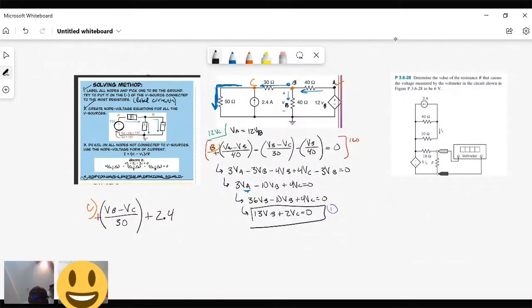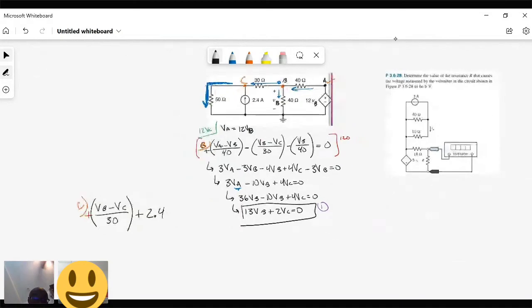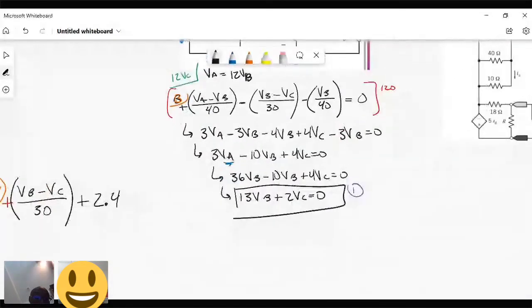So then VC, it's just going to be VC over 50. Wouldn't it be plus VC over 50? You got the VC over 50 part right. VC over 50 is perfect.